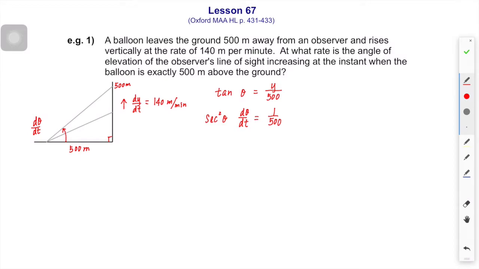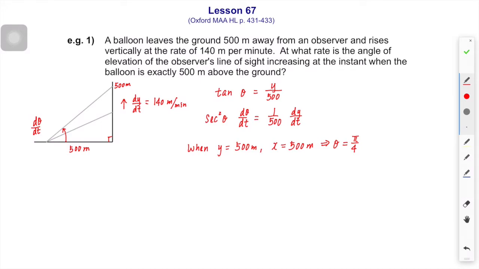And now we need to take the derivative of y with respect to time. It is simply 1 times dy by dt. And then we know that when the height y is 500 meters, the x direction is still 500 meters, which implies that the angle between the line of sight and the ground must be pi over 4 because this is an isosceles right triangle.